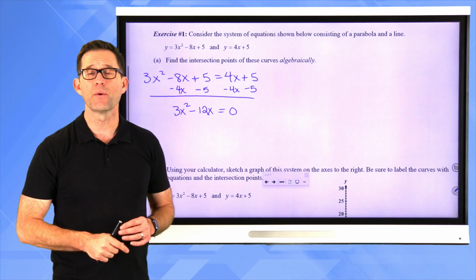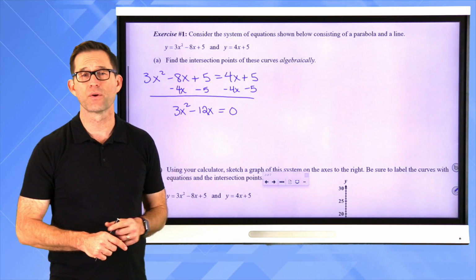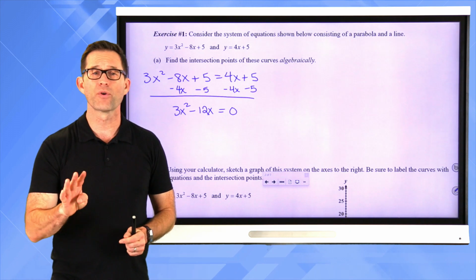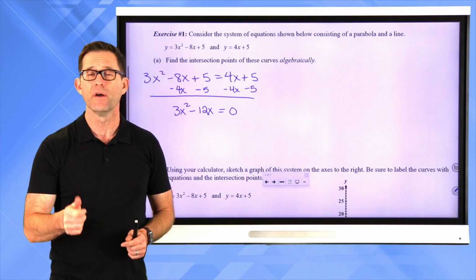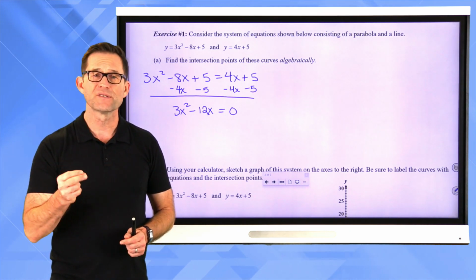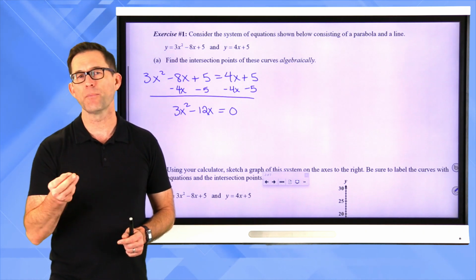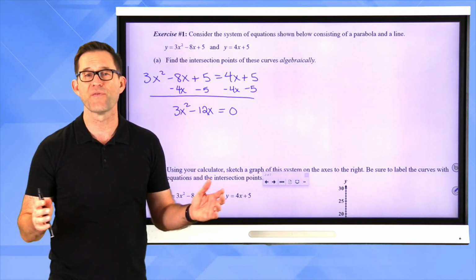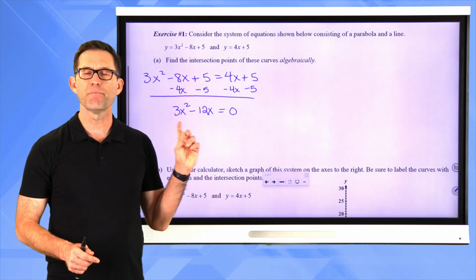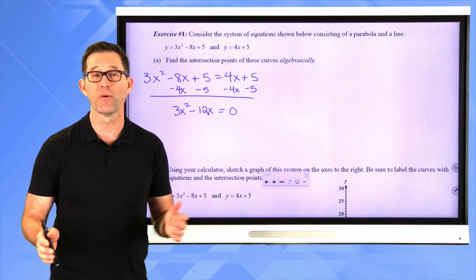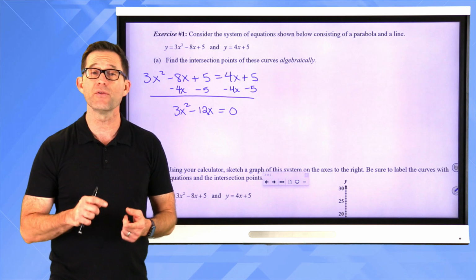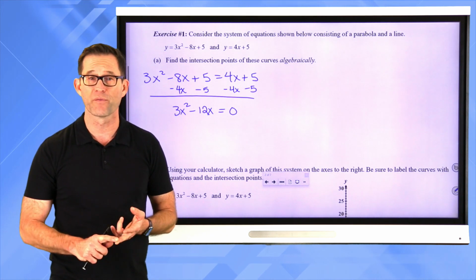Once we have the equation equal to 0, we want to factor the non-zero side. Keep in mind, of course, we have four types of factoring. GCF, the difference of perfect squares, simple trinomial factoring, and more complicated trinomial factoring that includes factoring by grouping. This is a binomial, so obviously the two trinomial types of factoring are out, which means it's either a GCF or the difference of perfect squares.